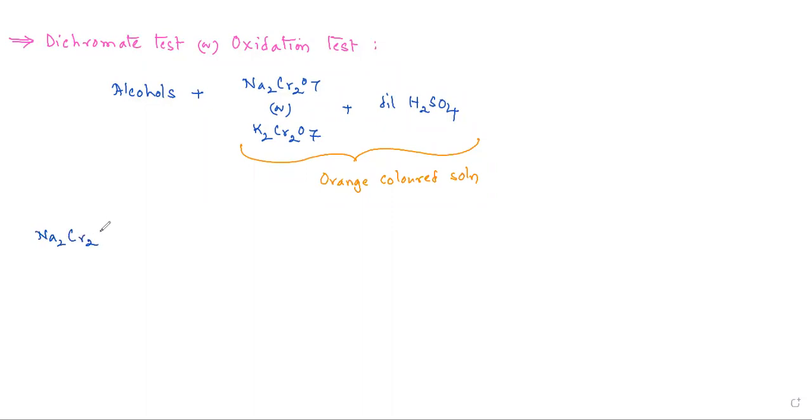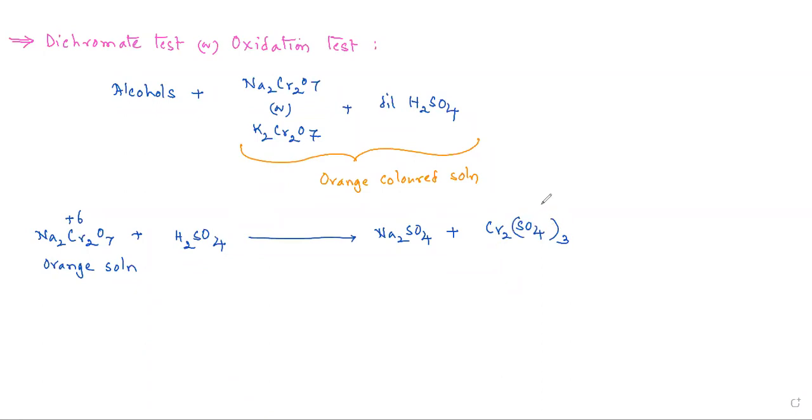When sodium or potassium dichromate, with chromium in +6 state and orange in color, reacts with sulfuric acid, it forms sodium sulfate, chromic sulfate, water and nascent oxygen.